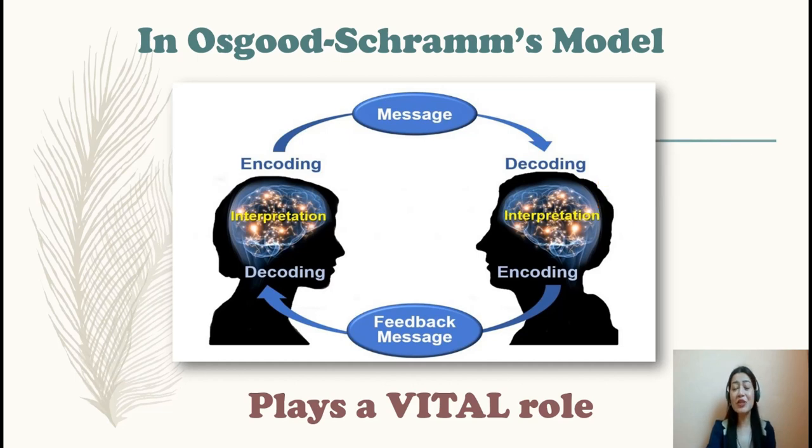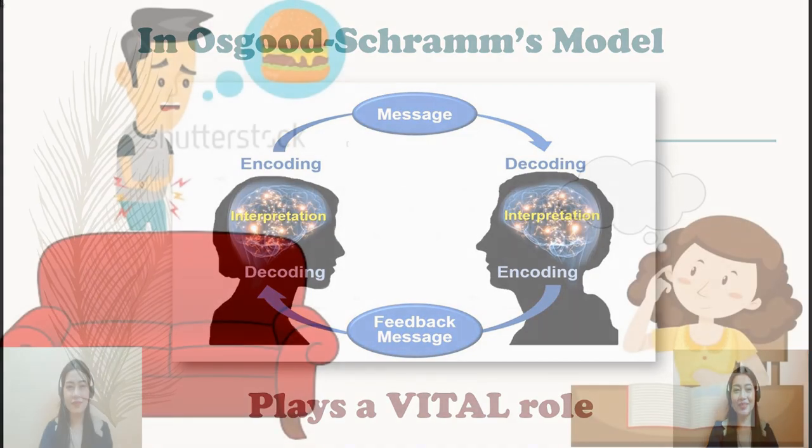So, according to this model, these two elements are very important for effective communication to take place. If you do not know how to encode or how to decode effectively, the correct information will not flow from one person to another. Meaning to say, di ihapon mo magkasinabot.